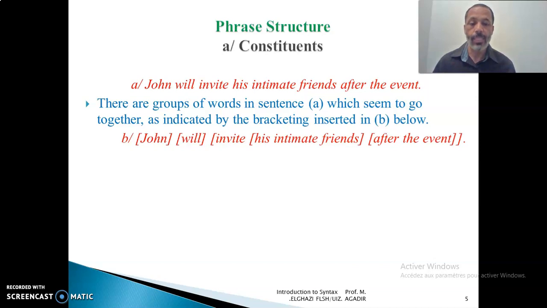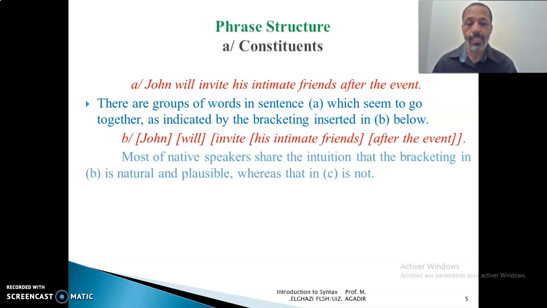Within this constituent, there are sub-constituents. For example, his intimate friends is another constituent, and after the event is another constituent. These are the constituents that are intuitively recognized by native speakers to exist in this sentence.